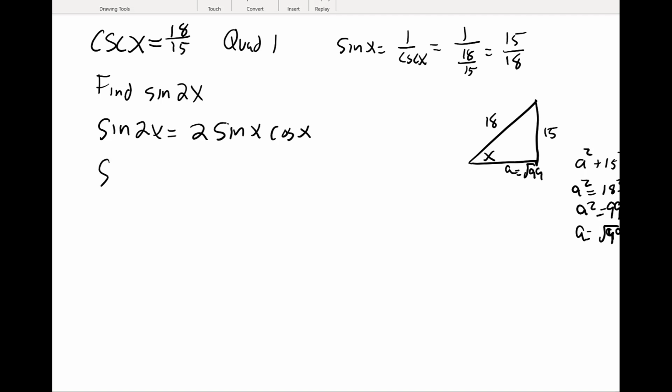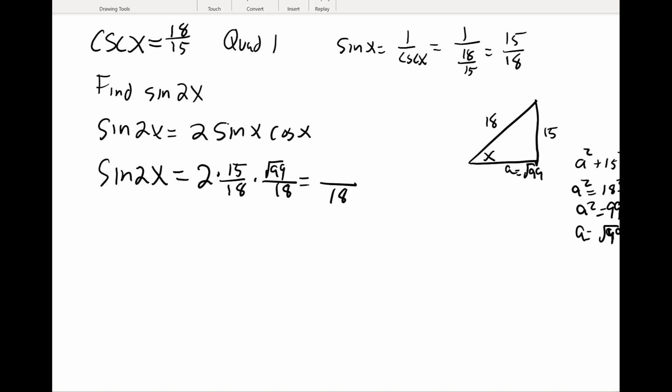So sine of 2x is going to be 2 times sine of x, which is 15 over 18, times cosine of x, which is the square root of 99, the adjacent side, over 18, the hypotenuse. So we end up with, let's see, I think I can reduce some. So I do have this 18 down below.